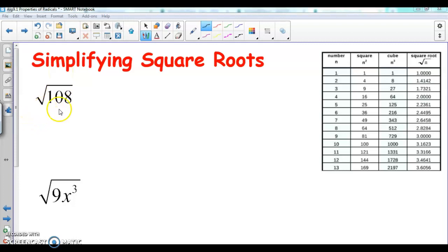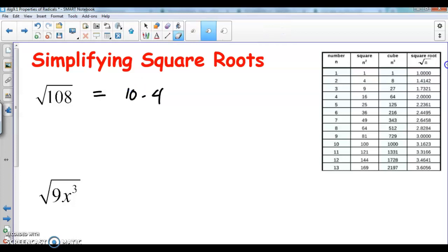The first example is the square root of 108. If you enter that in your calculator right away, you will get somewhere around 10.4, rounded off to the nearest tenth. Okay, but at this point, that's not what we want. We want to simplify it by still leaving it in radical form. Okay, so what are we going to do?